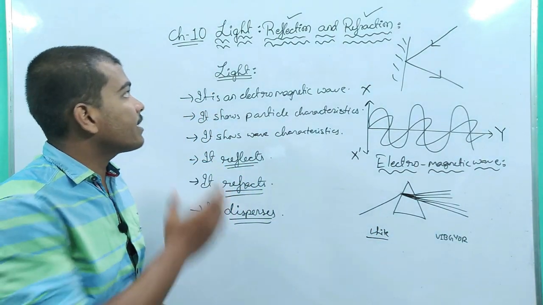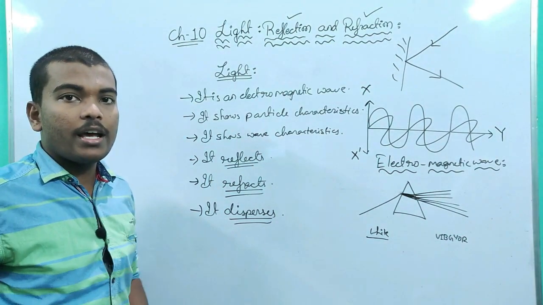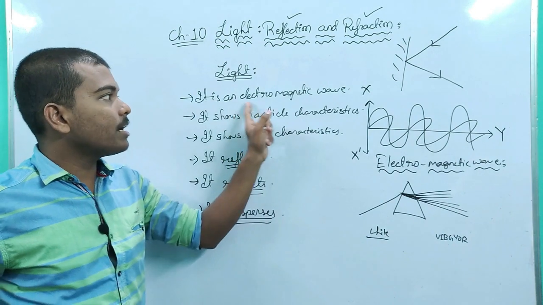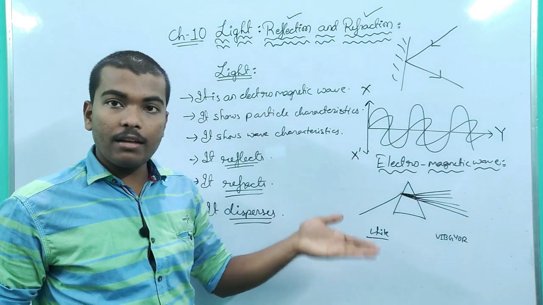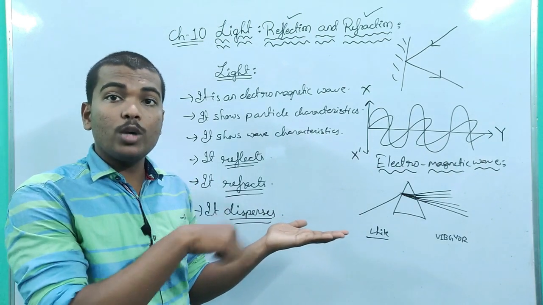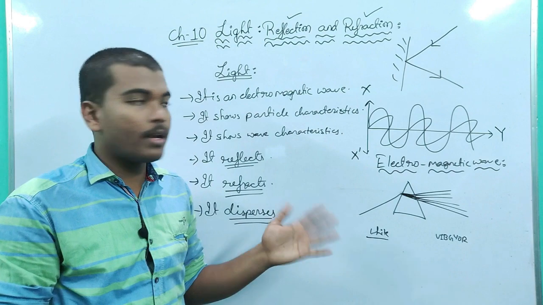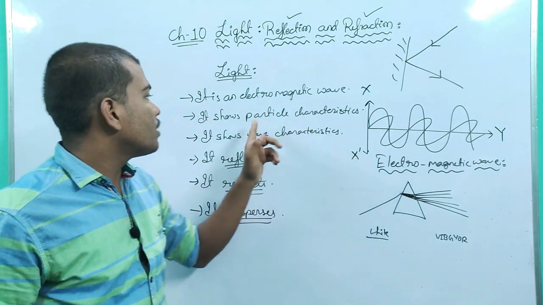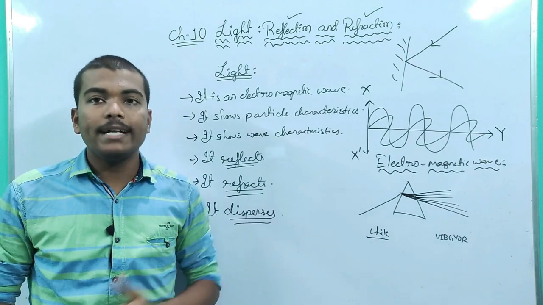So these are the characteristics of light and the nature of light we have studied. Now please remember, an electromagnetic wave is the movement of electrical wave and magnetic wave perpendicular to each other along with being perpendicular to the direction of propagation. And about the particle characteristic, wave characteristic, reflect, this is what we covered about light and its nature.